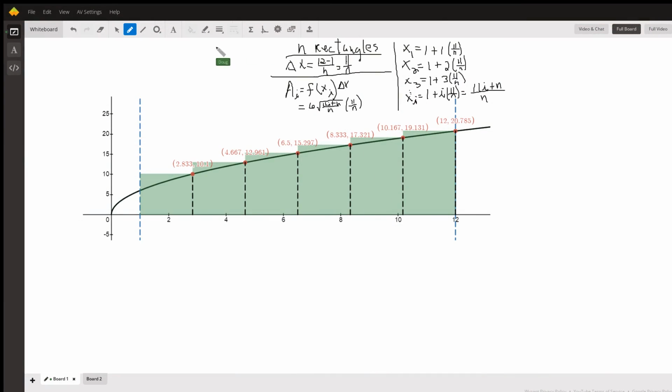Okay, here's what's happening for this problem. This graph down here, this black curve, is the graph of the function f of x, which is given as 6 times the square root of x.